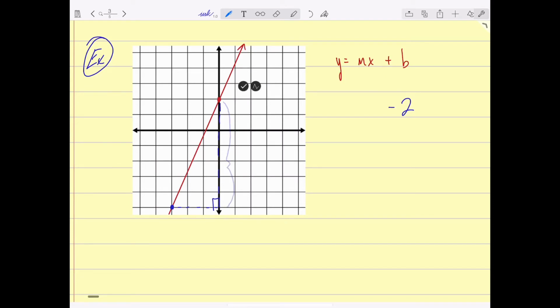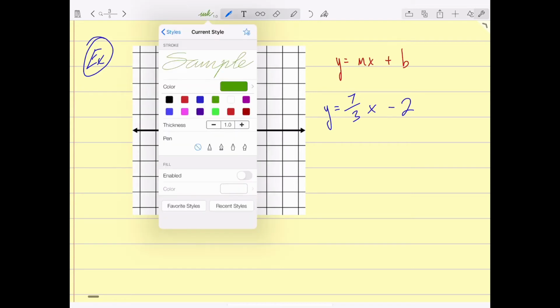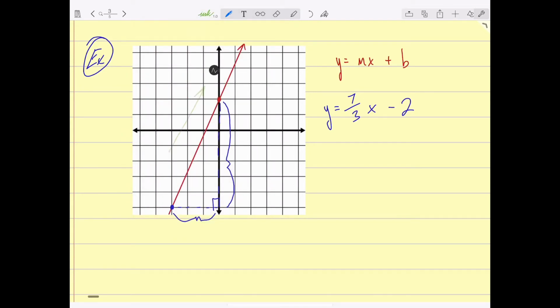So there's 1, 2, 3, 4, 5, 6, 7. So it's 7. And that's the rise, and the run is 1, 2, 3. Okay, so that's just the equation, y equals 7/3 x minus 2. This function from left to right, you would go up, so that means it's a positive slope, so we don't have to add any signs to that.